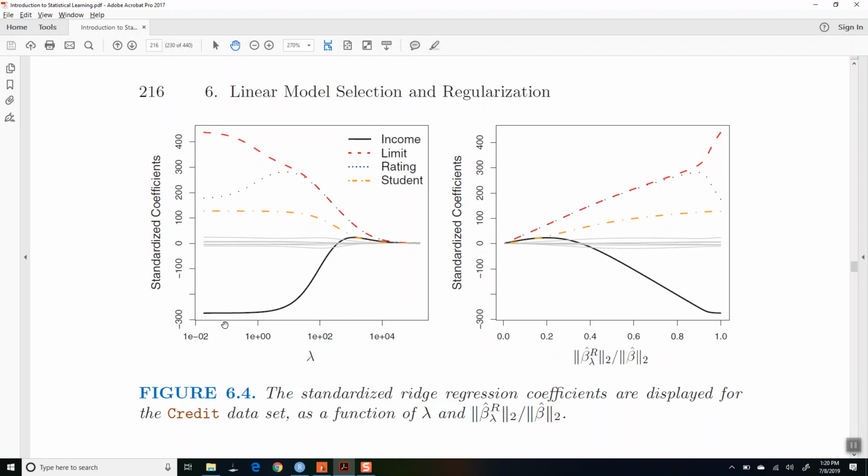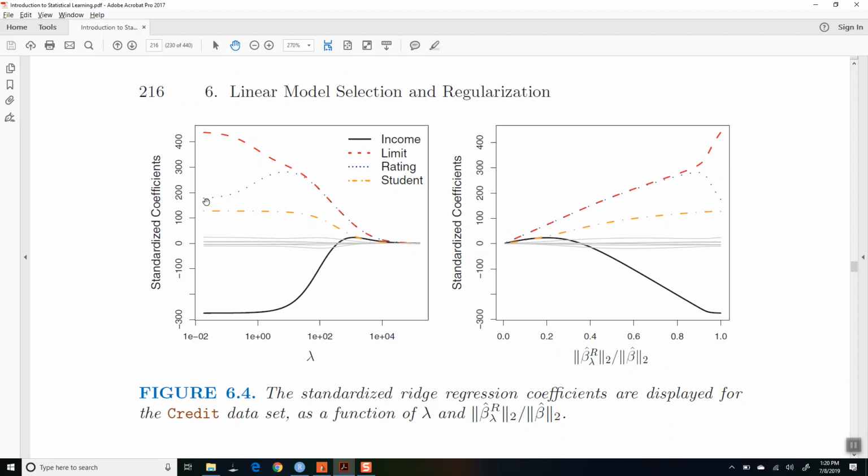And what we see is that as I increase my lambdas, it pulls these things in. Limit gets shrunk down to 0, and the coefficient on income started off as -300 and that gets shrunk down to 0. There's an interesting thing that happens with rating, okay?